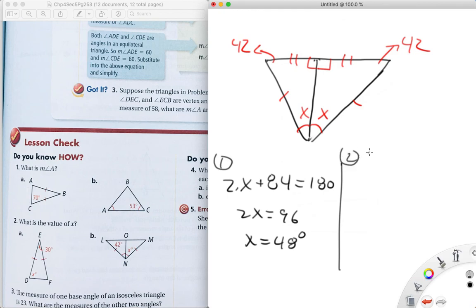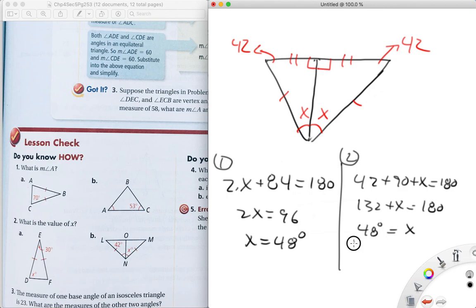The way that the book wants you to do it, since I know that that's 90 degrees, I can say that 42 plus 90 plus x equals 180. So that's 132 plus x equals 180. So that's 48 equals x. Either way, they'll get you to the promised land.